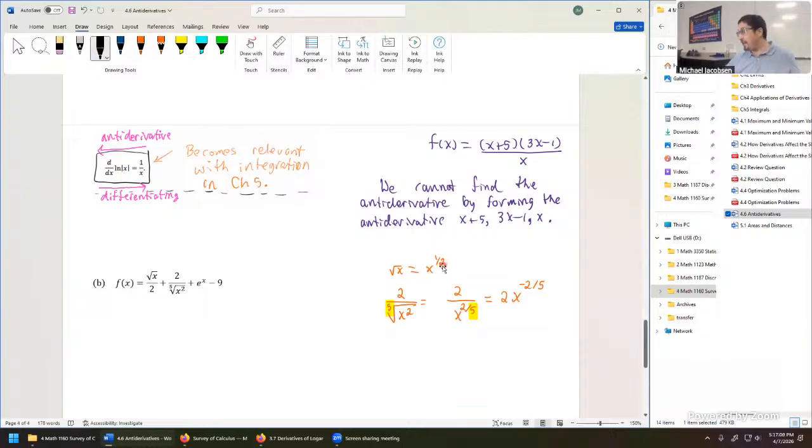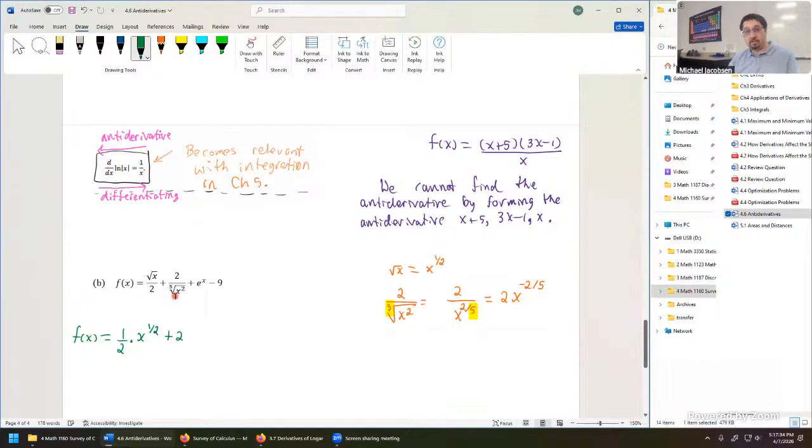Okay, now that we have the proper exponents, we can come back over here and write f of x equals, for the square root, it's being divided by 2, but let's separate out the constant just to focus on the variable part. Let's write it as 1/2 times x to power 1/2.